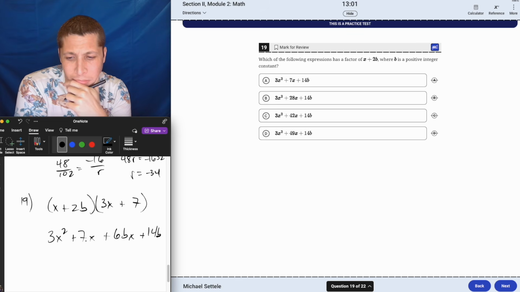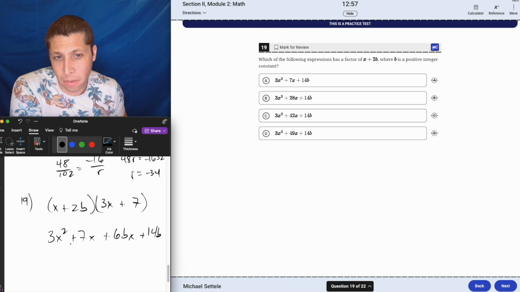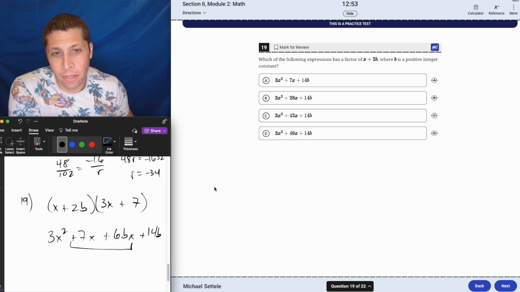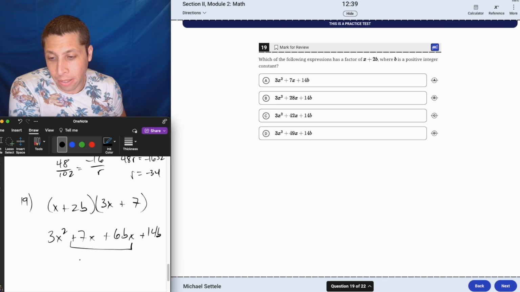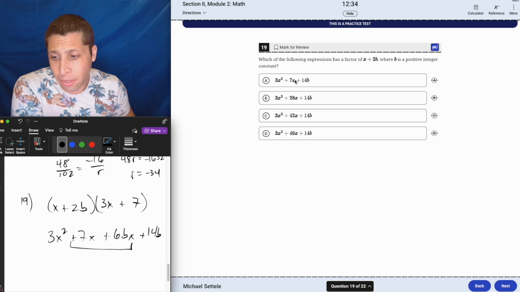Right? So what am I doing wrong? If b were 1, that would be 13. I don't have that. If b were 2, that would be 12 plus 7 is 19. I don't have that. So basically, I got to just look at the middle number and see if I can get something minus 7. So 7 minus 7 is 0.